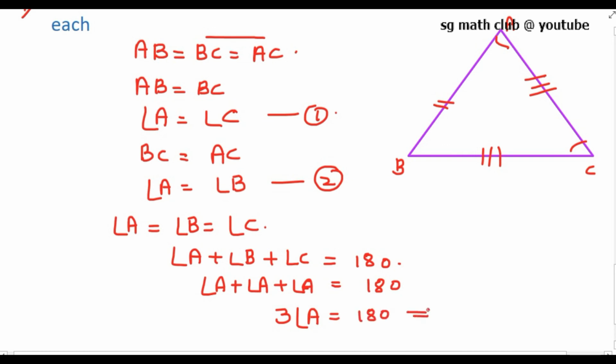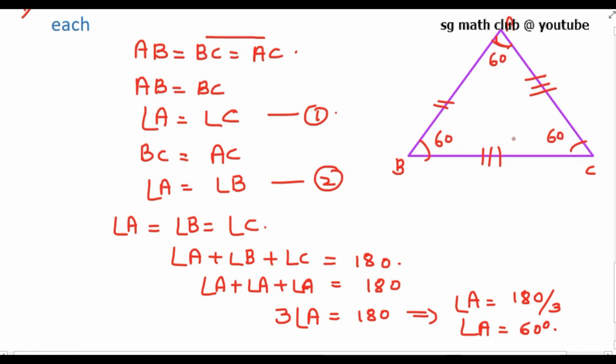That means all the angles are equal, 180 divided by 3, which is equal to 60 degrees. So I can say in this way I can prove that the angles of an equilateral triangle are 60 degrees each.